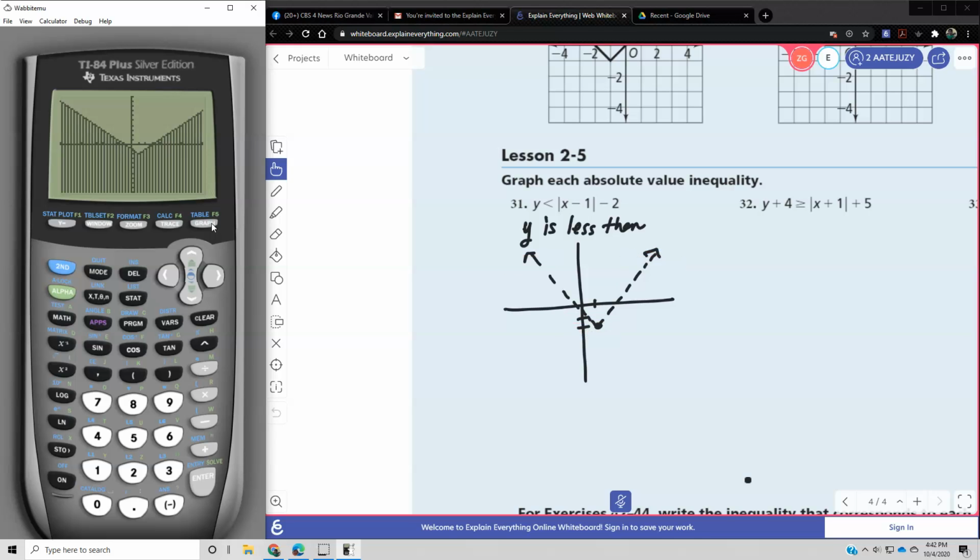And I know that it's going to be shaded below, just like it shows on the TI-84. Therefore, everything that is below this inequality line, below this equation, is going to be a solution. Nothing on this line will be a solution, or anything above it.